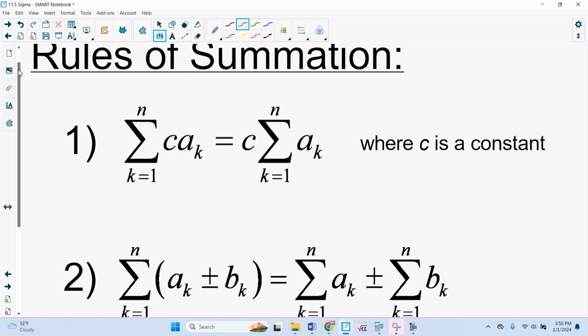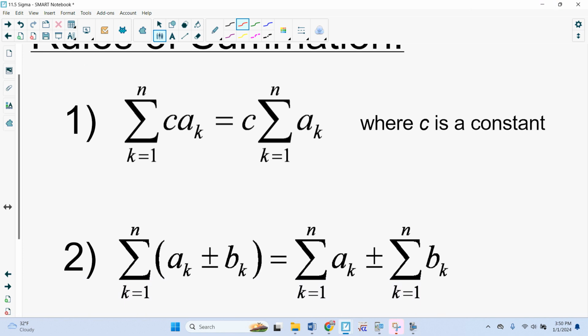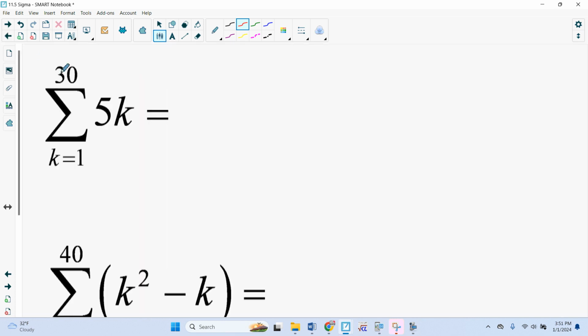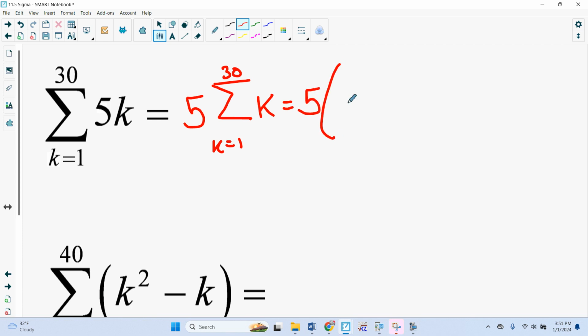Now, some other rules of summation we have are this. The first one says if we have a constant times some formula here, we can take this constant, pull it out in front, and then just evaluate the sigma. So let me show you an example. If we have 1 to 30 of 5k, I could pull that 5 out in front and then just do k equals 1 to 30 of k. So that would be 5 times 30 plus 1 over 2 times 30.